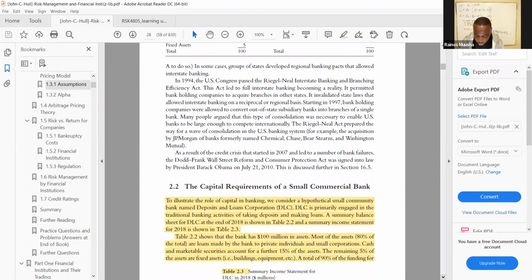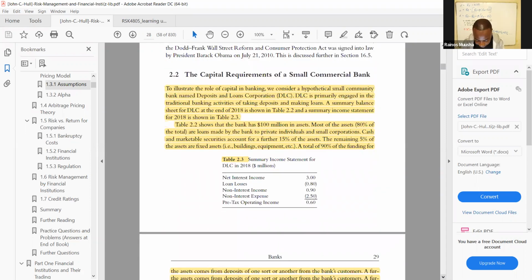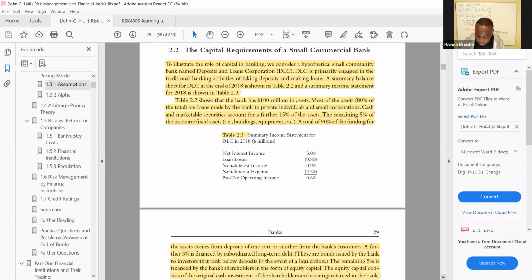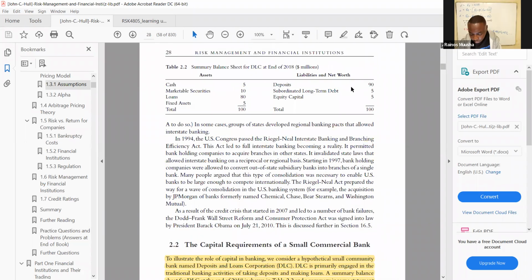So a total 90% of the funding for the bank's assets comes from deposits of one sort or another from the bank's customers. So when you're now looking at the funding of the bank, what do we see? 90% is coming from deposits, and then 5% is coming from long-term debt, subordinated long-term debt, and the other 5% is coming from what?